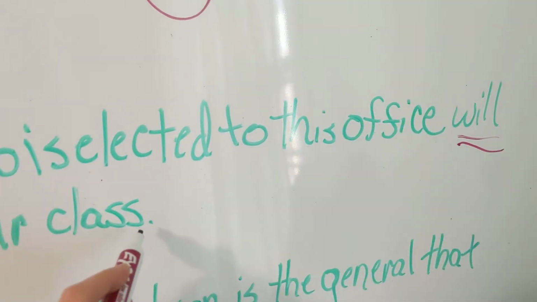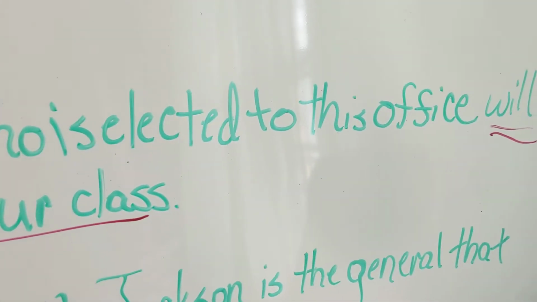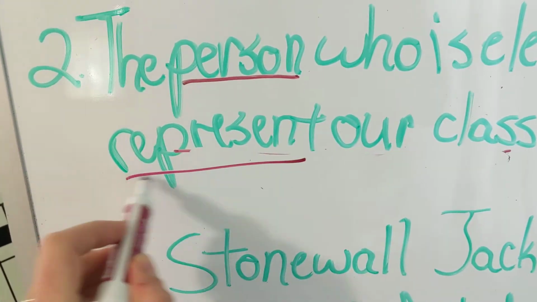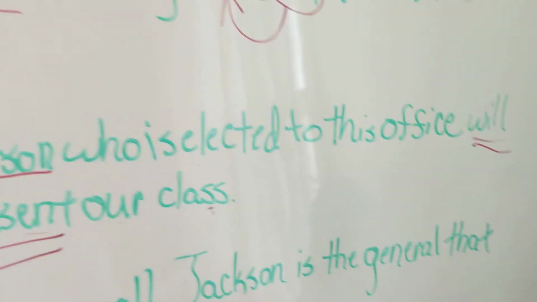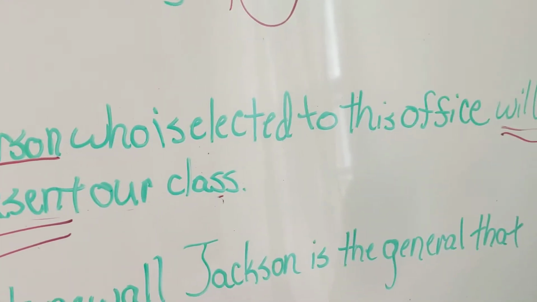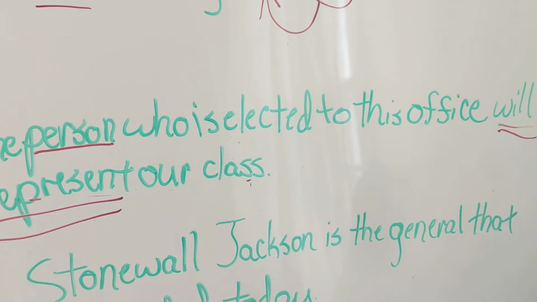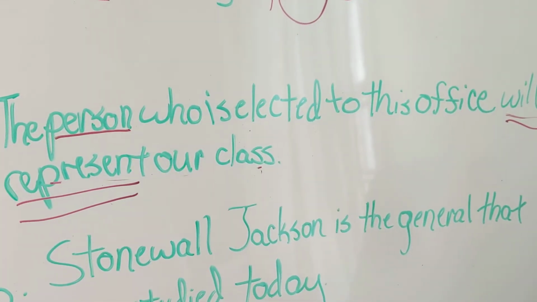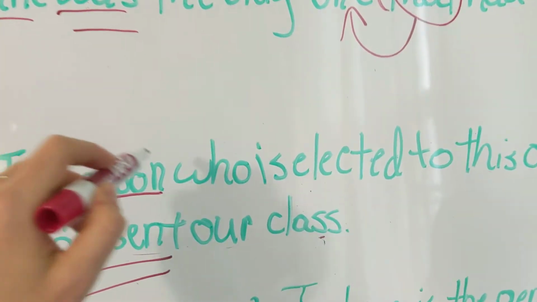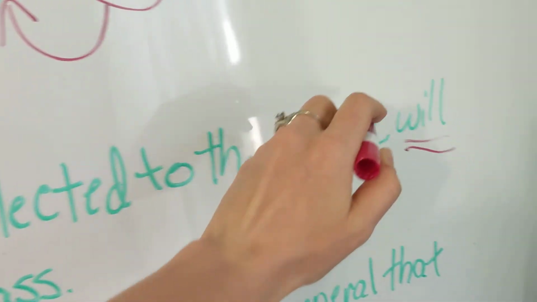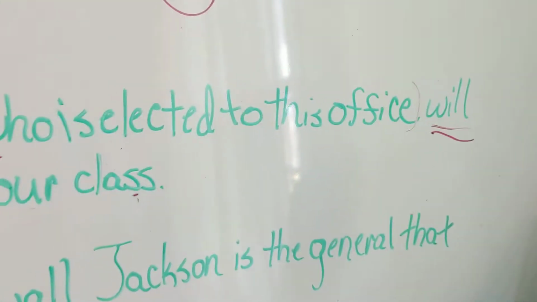If you said is, that's the verb within the clause. So what is my relative clause in this sentence? If you said who is elected to this office, you are correct.